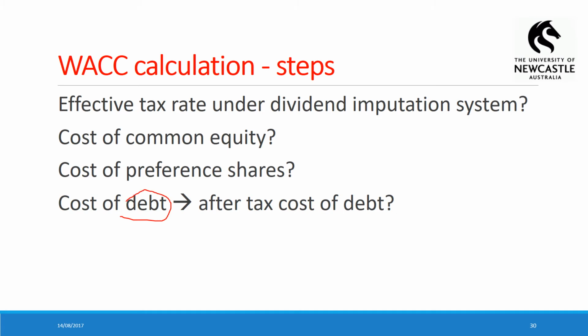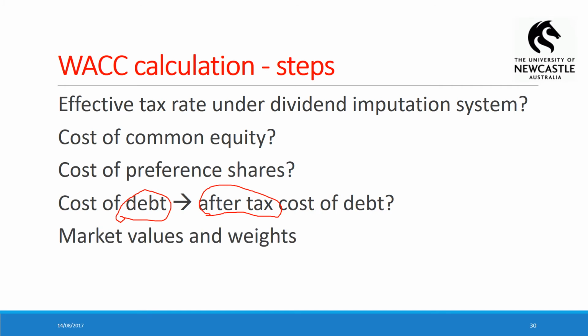We might have more than one type of debt here. We talk about bank loans, bonds, and short-term discount securities. Once we work out the cost of debt, we then have to adjust for taxes. We then work out the market values of the different types of finance. And finally, the weighted cost of capital.